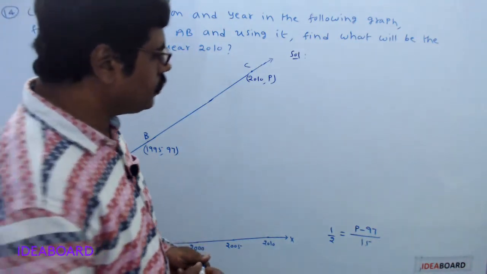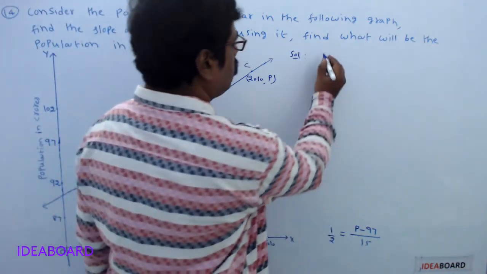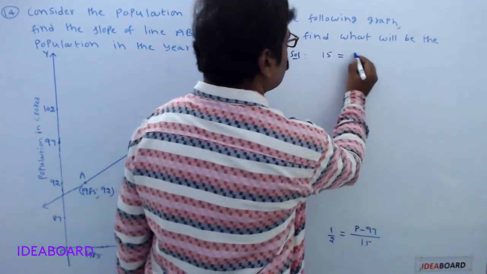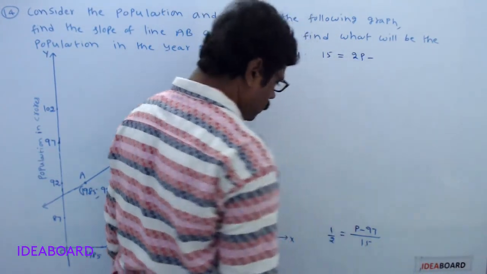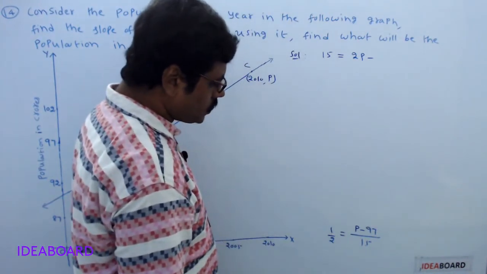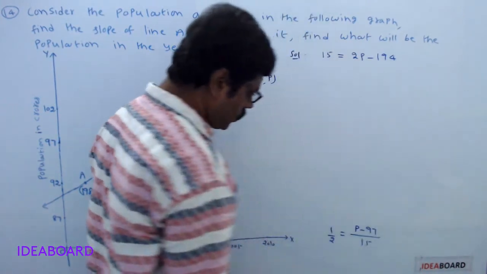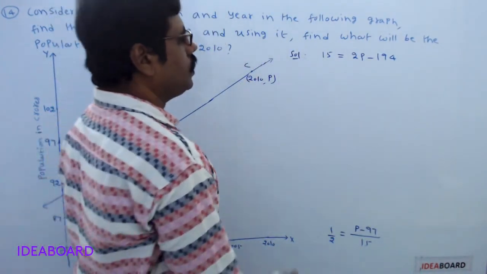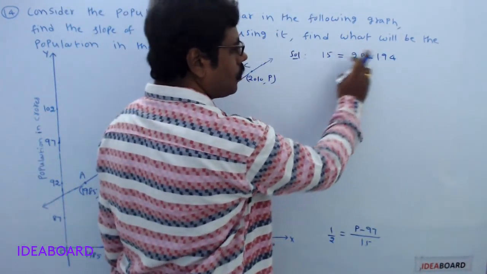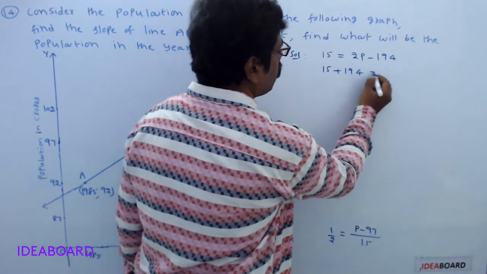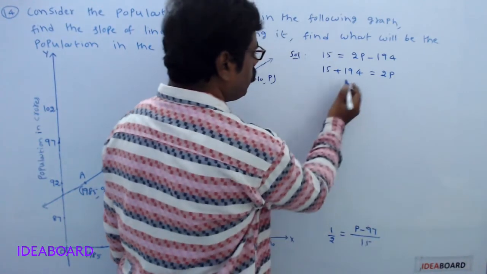Now see the simplification. Do the cross multiplication. 15 equals 2P minus 2 into 97. I think it is 194. Then bring this 194 from RHS to LHS. 15 plus 194 equals 2P.